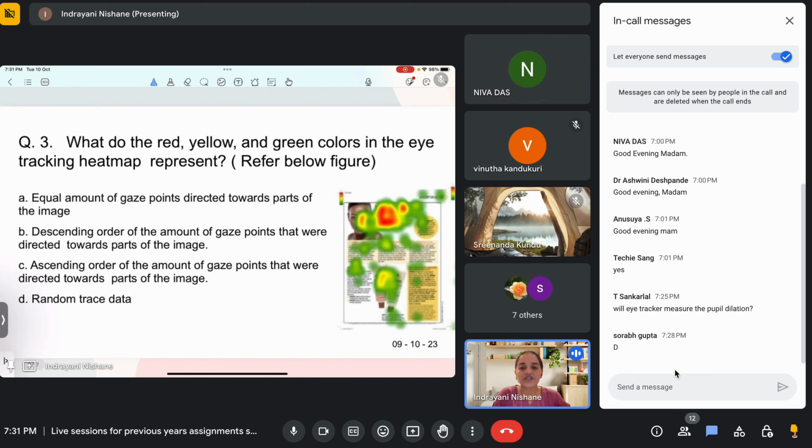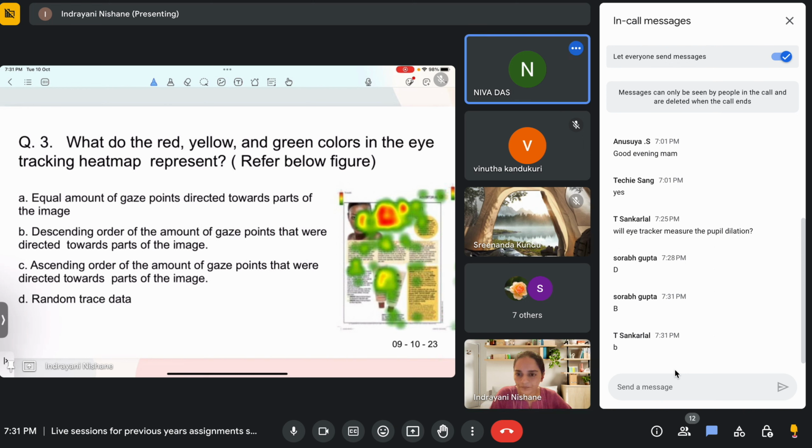Then coming to question 3, this is how the heat map of eye tracking looks. Generally the count is highest in the red region, and it slowly decreases from red to yellow to green. So what does it represent?